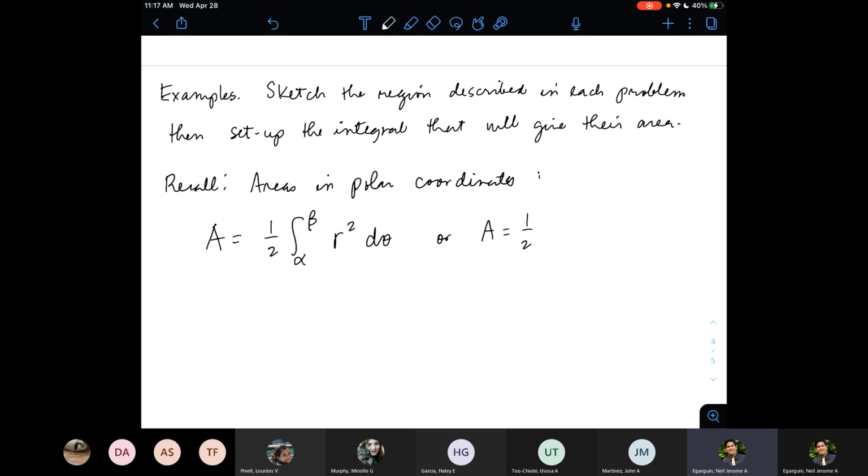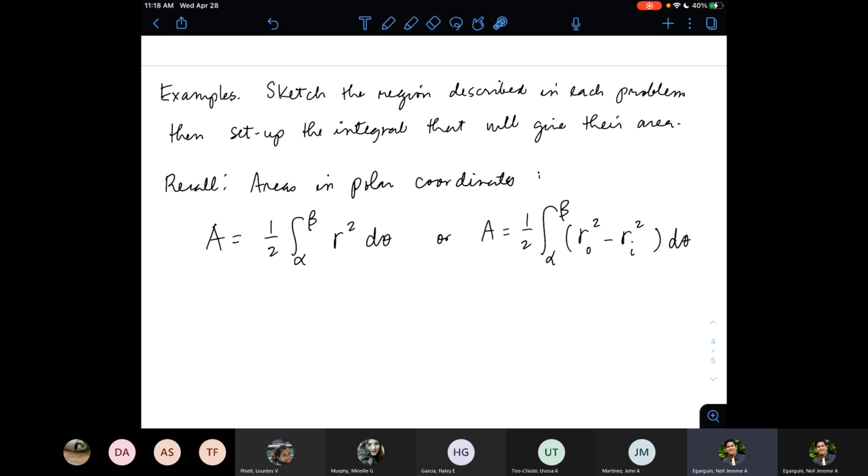So it could be 1/2 from alpha to beta, you have your outer radius squared minus inner radius squared d theta, which is basically the same principle we used in previous chapters, wherein we set up the integral that will give us the area of regions bounded by rectangular curves. This time we'll just work with polar equations.